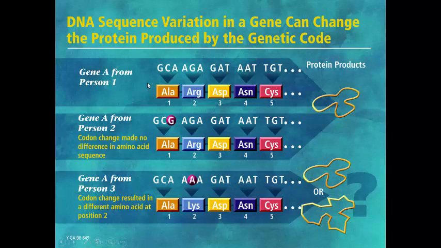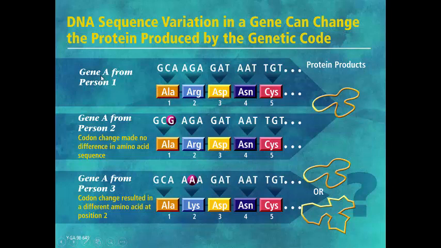So this picture here is going to illustrate the first type of variant I talked about, the single nucleotide variant. And what I'm showing you here is a coding region of a gene. The way you know that is that you have 3 nucleotides, GCA, which code for an amino acid. In this case, it's alanine.